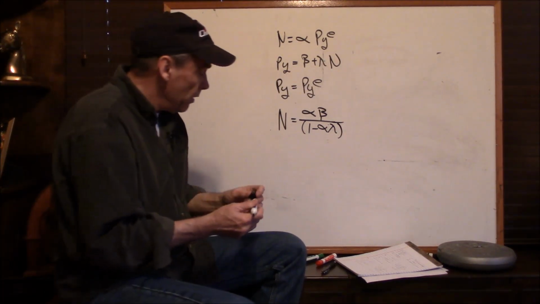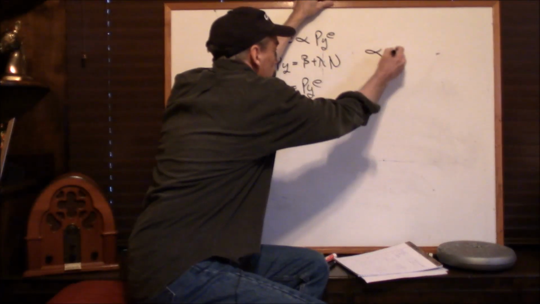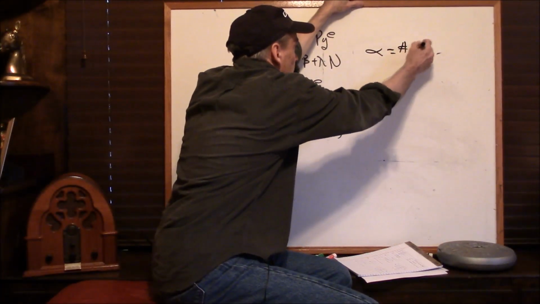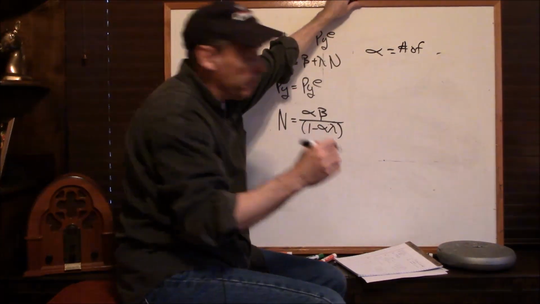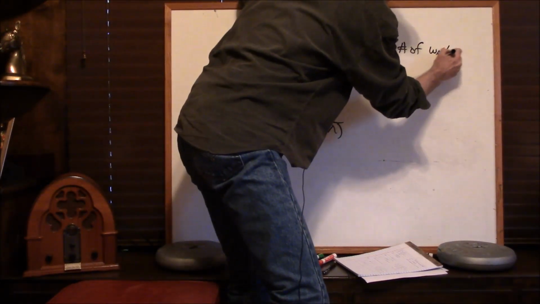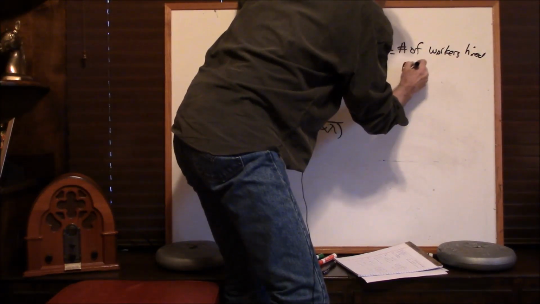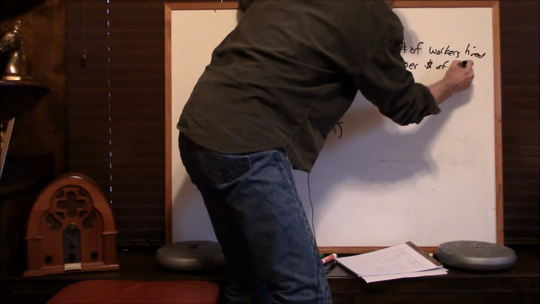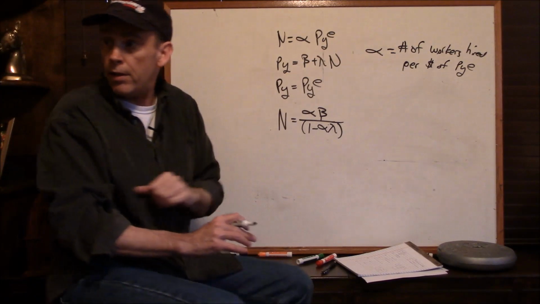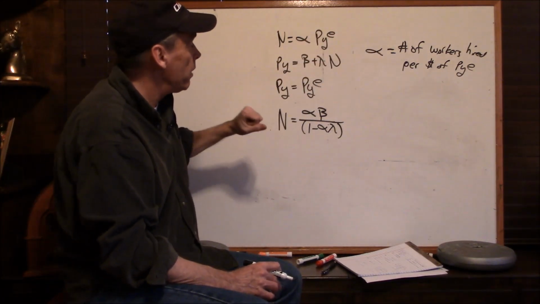Well, let's be reminded of what each of these variables is. Alpha was the number of workers hired per dollar of expected sales.